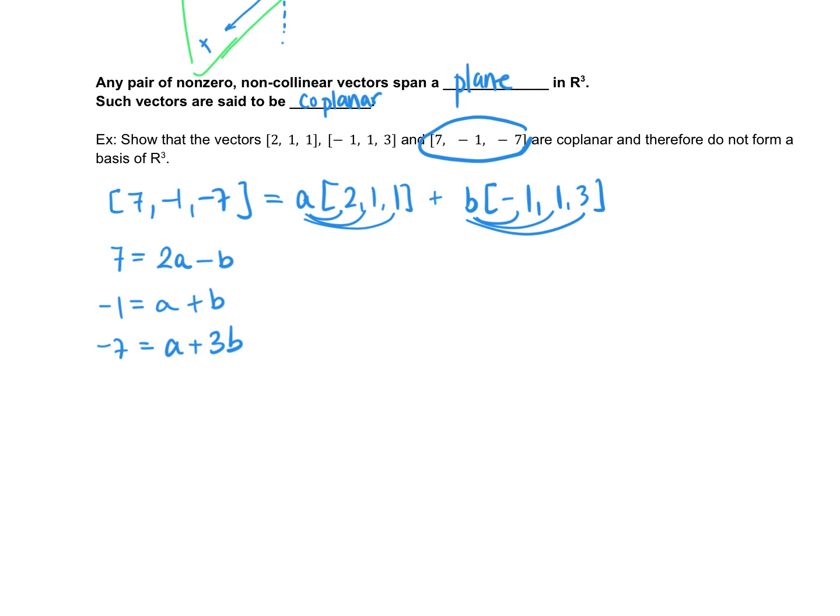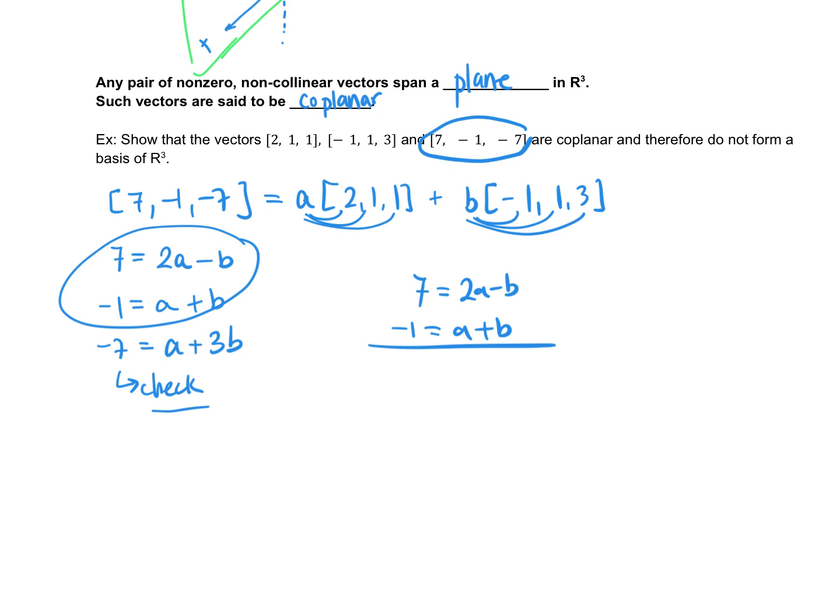So I'm just going to use these two equations, and this third one, I'm just going to use for a check. So I'm going to rewrite the other ones. And the b's both have a coefficient of plus or minus 1. So I'm going to eliminate them with addition. And of course, I've been doing elimination here, but you can of course use substitution to solve the linear system.